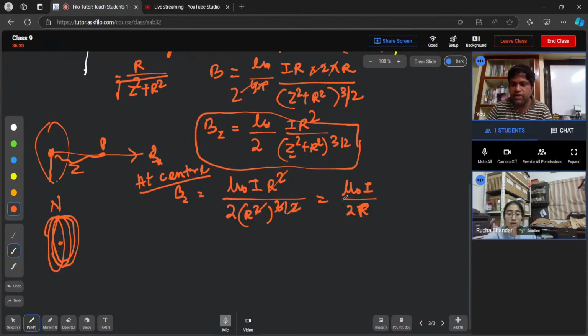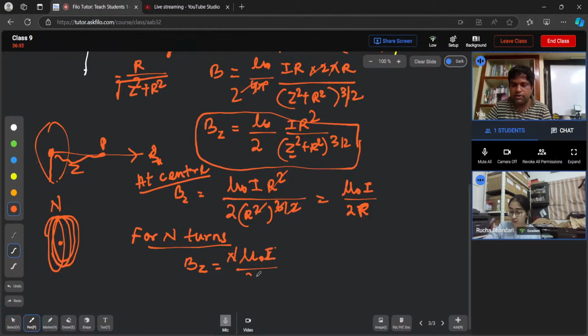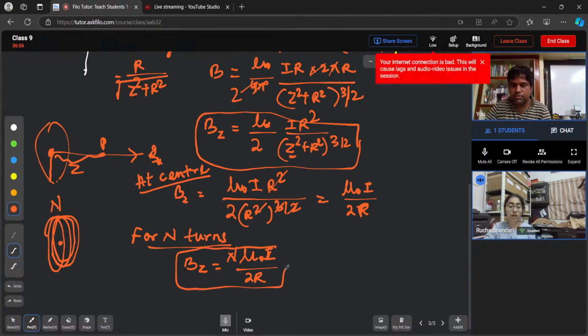For n turns, this will be used in many numericals, it will be mu naught n I by 2r.